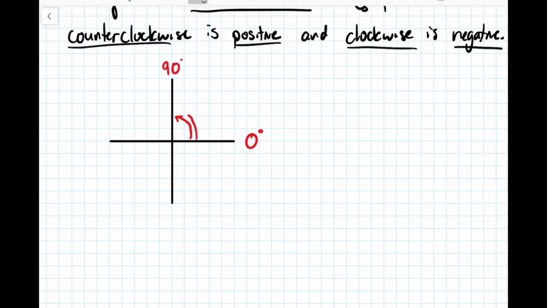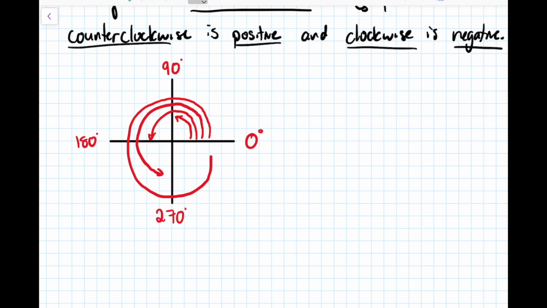If you keep going and get halfway around, that's half of a circle, which makes it 180 degrees. If you go again down to the negative y-axis, that's 3/4 of the way around, and you'll notice we're going up by 90 every time, so this is going to be 270. And then if you go all the way around, back to where you started, that would make this 360 degrees.